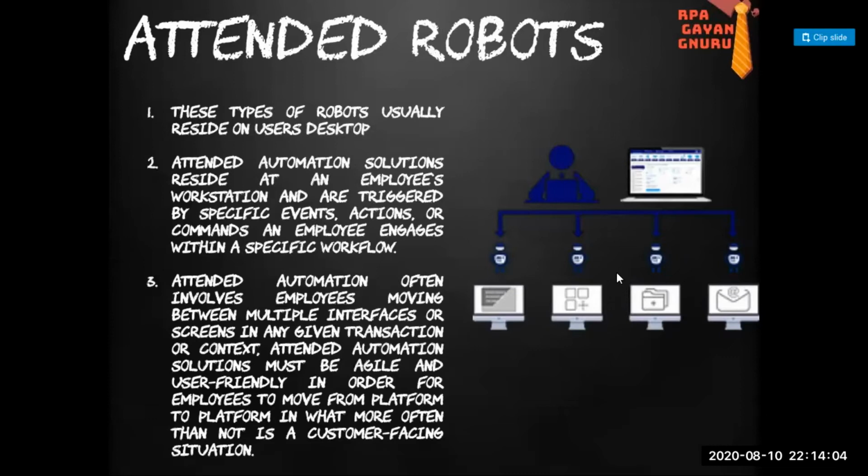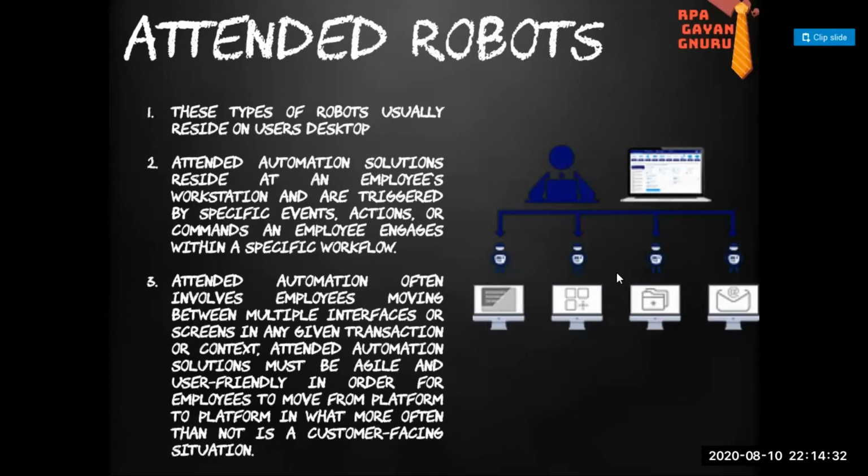They reside on the employee's machine, and employees usually invoke them for a specific reason. Attended automation often involves employees moving between multiple interfaces or screens in any given transaction or context. Attended automation solutions must also be agile and user-friendly in order for employees to move from platform to platform in what more often than not is a customer-facing solution.